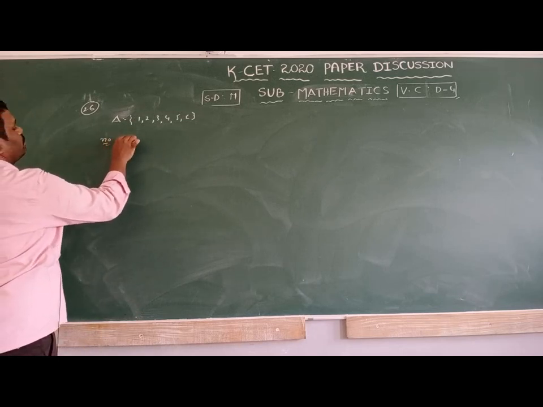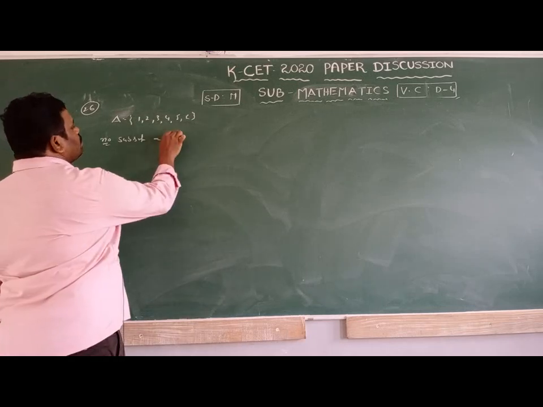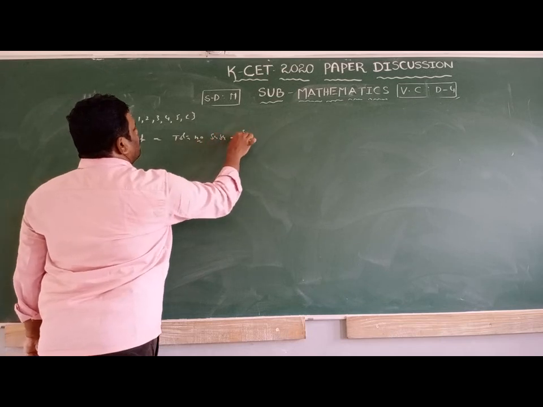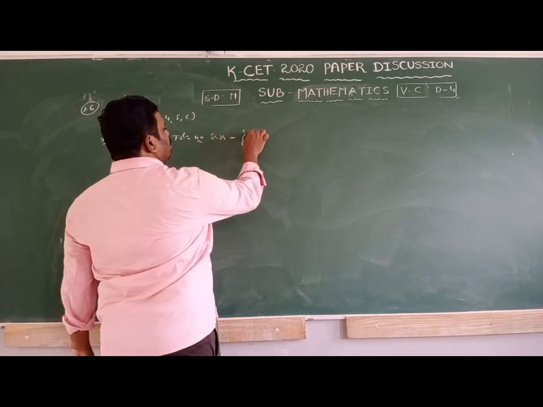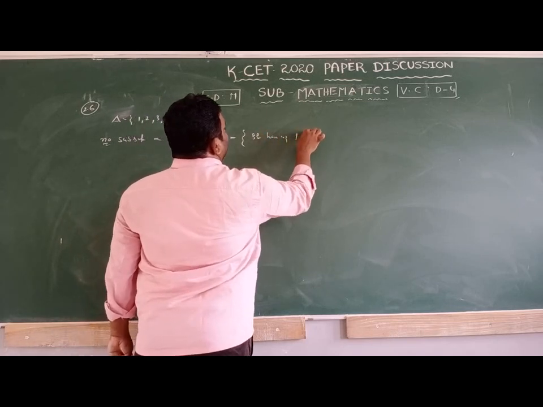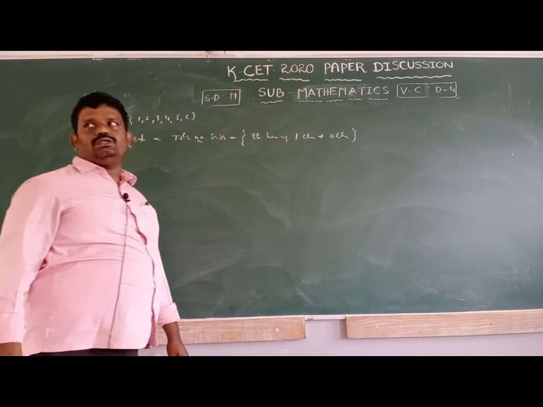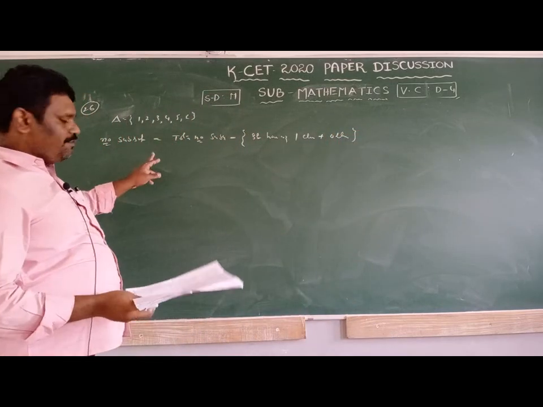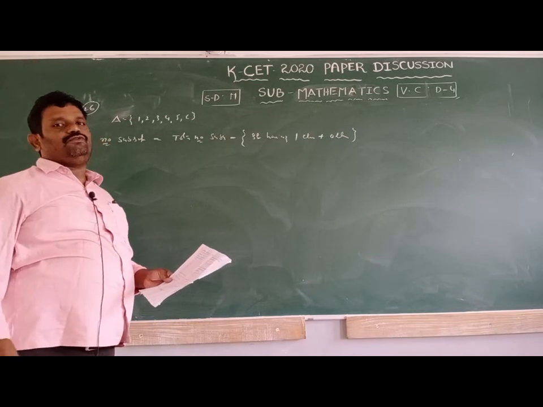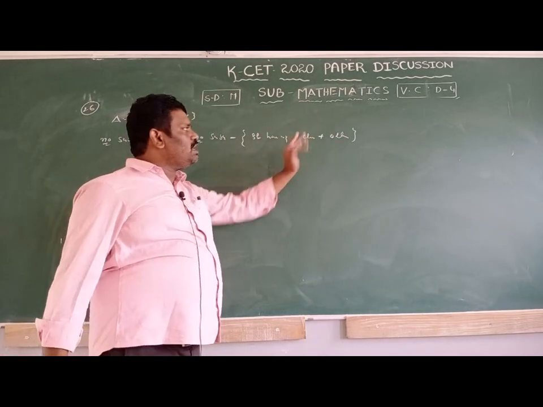So the number of subsets is equal to the total number of subsets minus the sets having one element plus 0 elements. Why? Because subsets with at least 2, 3, 4 elements are what we want, so from the total number of subsets we subtract the subsets having one element and those having 0 elements.